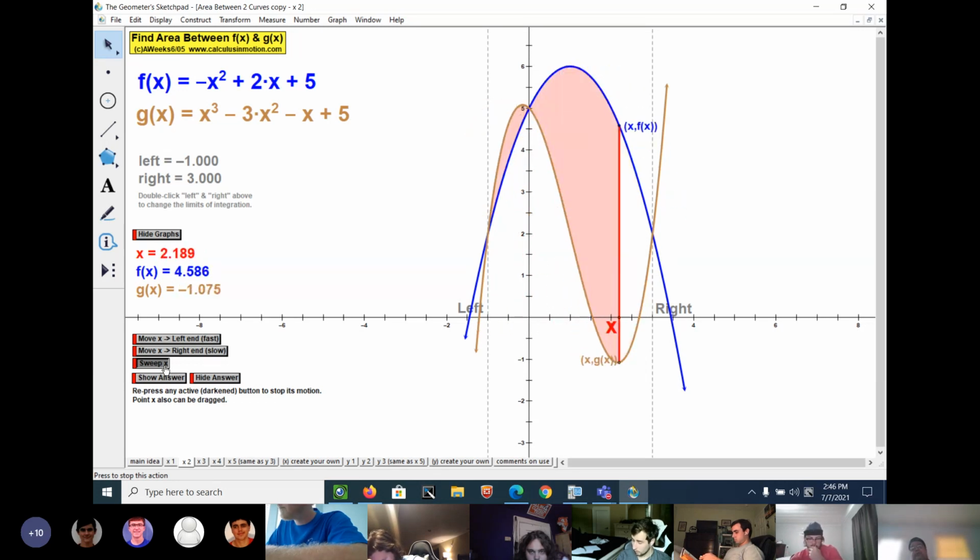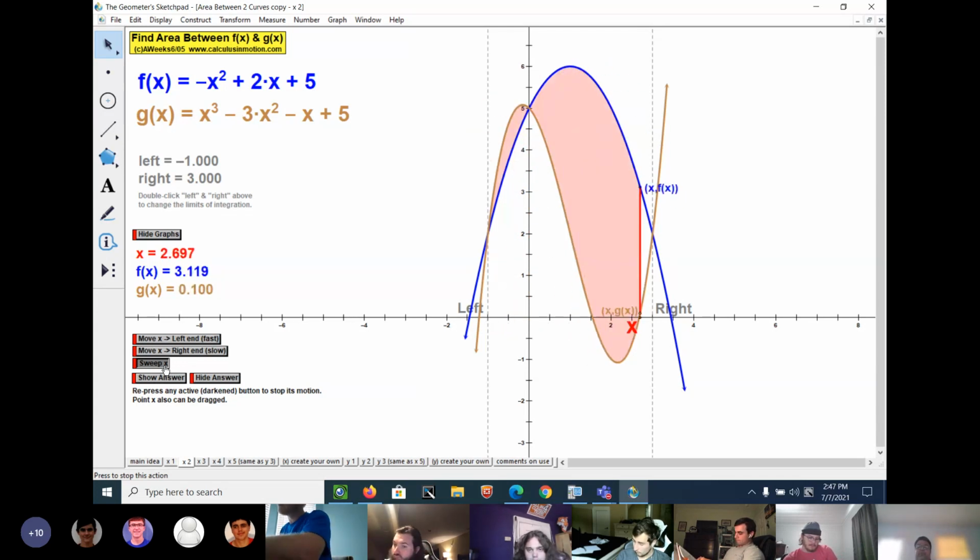And that's the area you're finding right there in the red. Go ahead and see if you can set them equal to each other. See if you can find the 3 intersection points and set up your antiderivative. There are 2 regions, so you're going to have 2 integrals. You're going to add them together: the little area plus the big area.